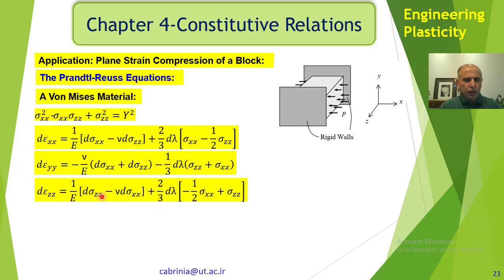Now these are the Prandtl-Reuss equations that we used before. We introduced this in the previous slides, so we are going to use them, incorporating the von Mises yield criterion. In order to do that, we use a substitution like this: sigma XX equals minus 2Y over root 3 cos theta.